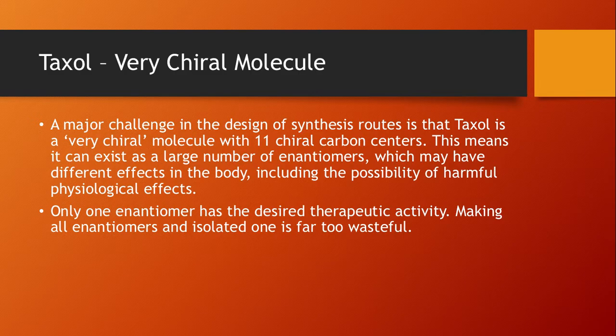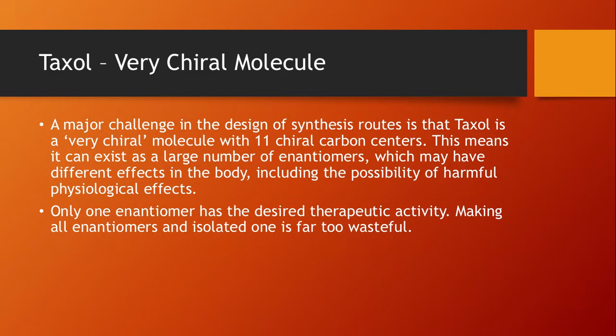So one of the challenges of designing this drug is that Taxol is a very chiral molecule. It has 11 chiral carbon centers. This means that it can exist as a large number of enantiomers, which may have different effects in the body, including the possibility of harmful physiological effects. Only one enantiomer has the desired therapeutic activity.